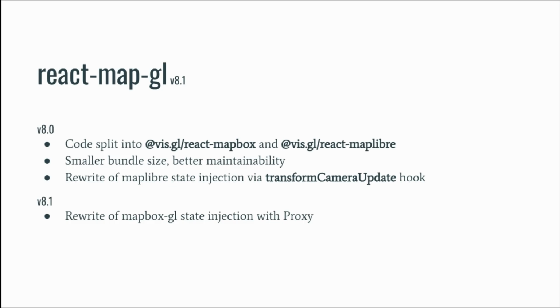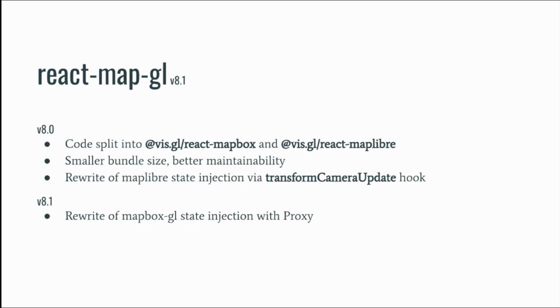So now React Map GL is basically a master package that just redirects to these two sub packages. And the MapLibre wrapper now has better state injection support than Mapbox because of our deep collaboration with the MapLibre community.